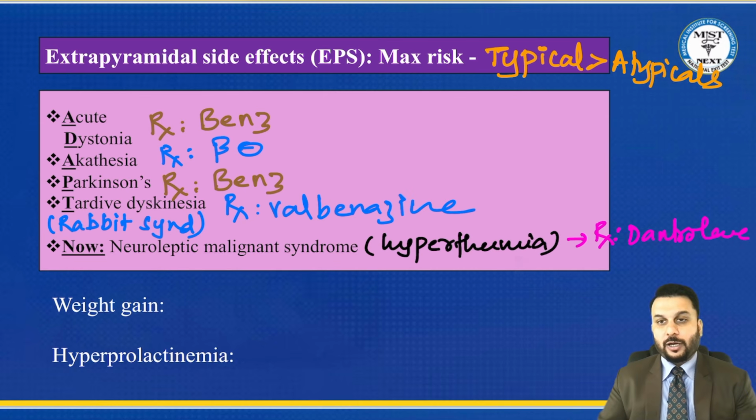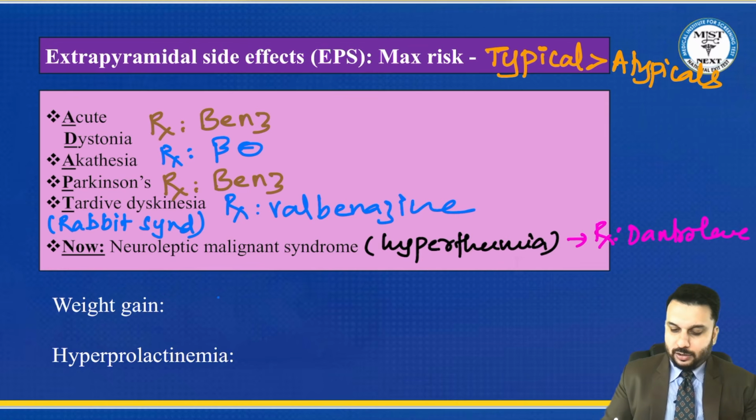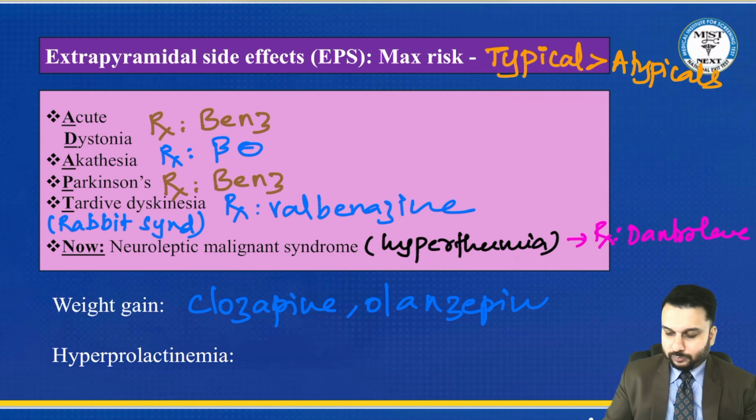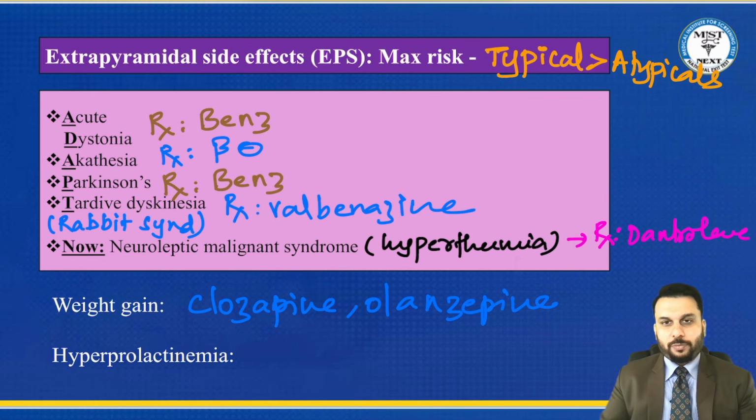Dantrolene, ryanodine receptor blocker. Weight gain is mostly by the drugs called clozapine or olanzapine. Clozapine or olanzapine, they cause weight gain.